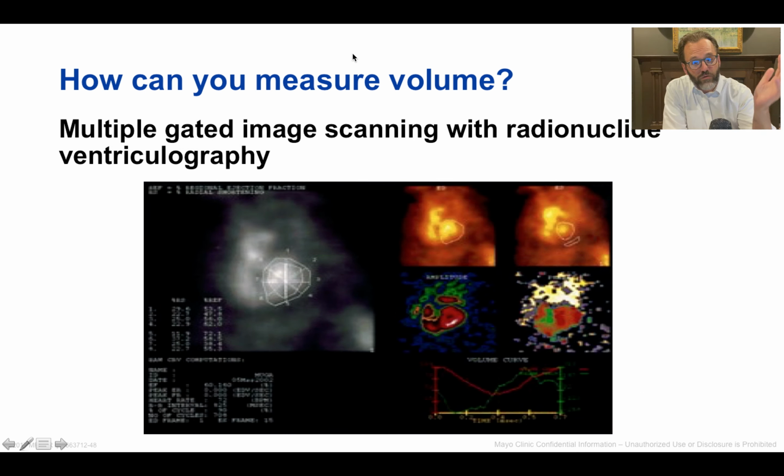You can also measure volume using radionuclide ventriculography. Again, here, there are many challenges associated with doing this. First, of course, you have to give a radionuclide. You have to have a measurement strategy for taking that measurement. You have to control for attenuation coming out of the chest. But if you can make all those assumptions appropriately and make your measurements accurately, you can get an estimate of operating cardiac volumes using gated image scanning and radionuclide ventriculography.